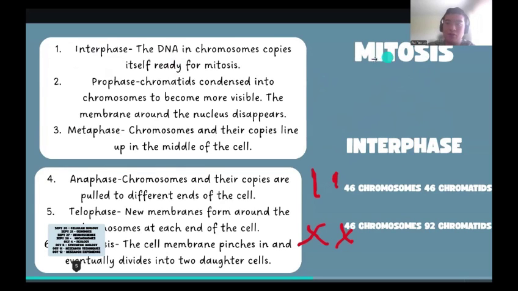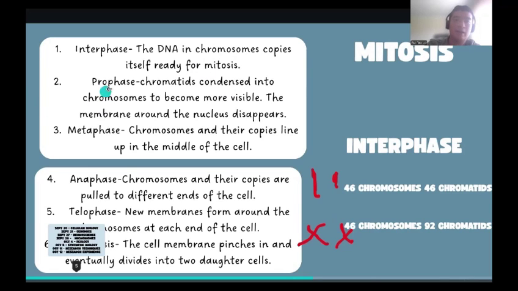Interphase is not included in mitosis, but it's part of the process that leads to mitosis. It's before mitosis. So the DNA copies itself, doubling the material for mitosis to split apart into two identical cells with the same amount of material inside.